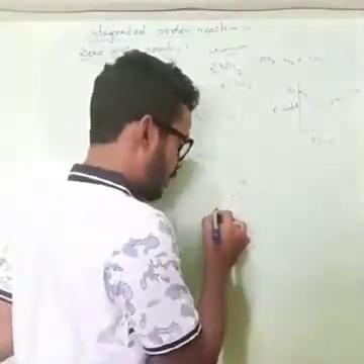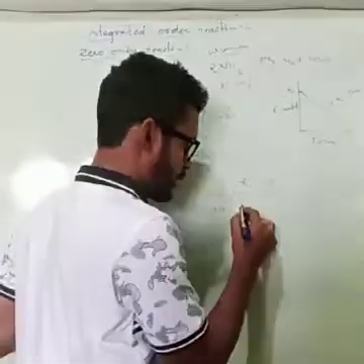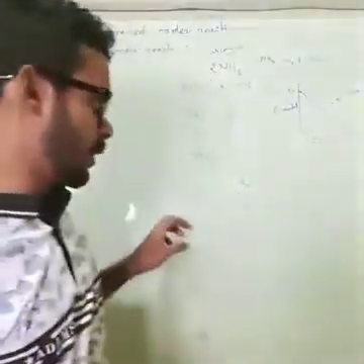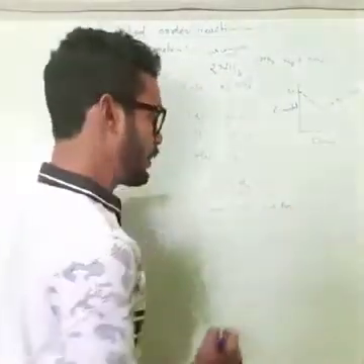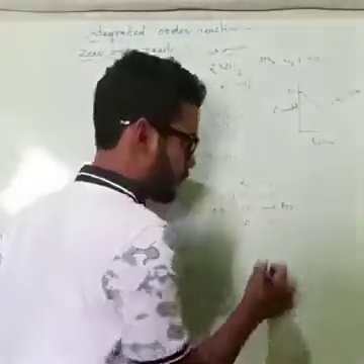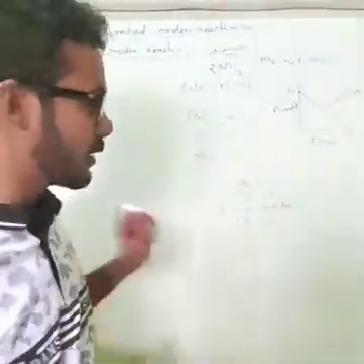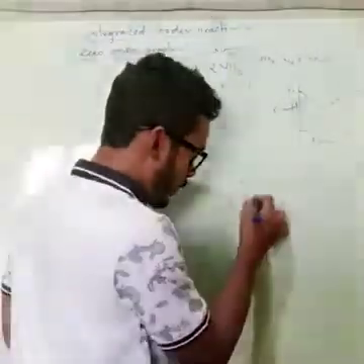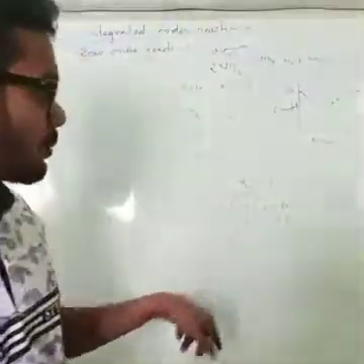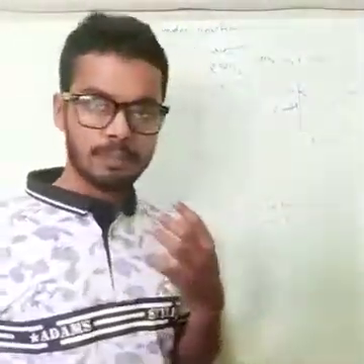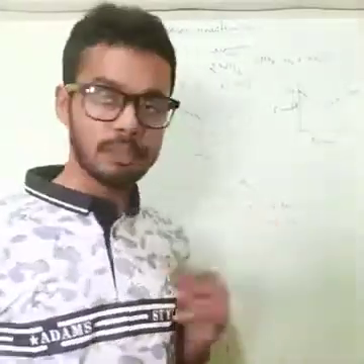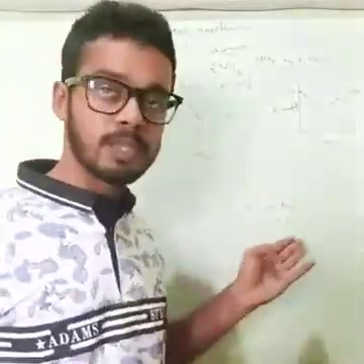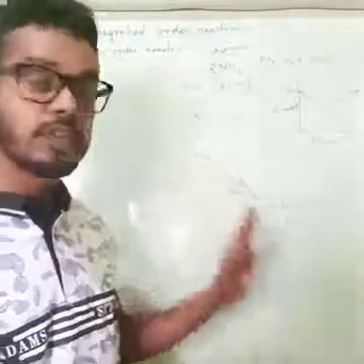After 10 minutes, you find that the concentration of R becomes 50, so it gives product P50, and after some time the reactant concentration will be 0 and it forms P100. This particular point you need to remember: whenever the reactant concentration reaches 50%, the time taken to reach 50% of the concentration of the reactant is known as the half-life period.